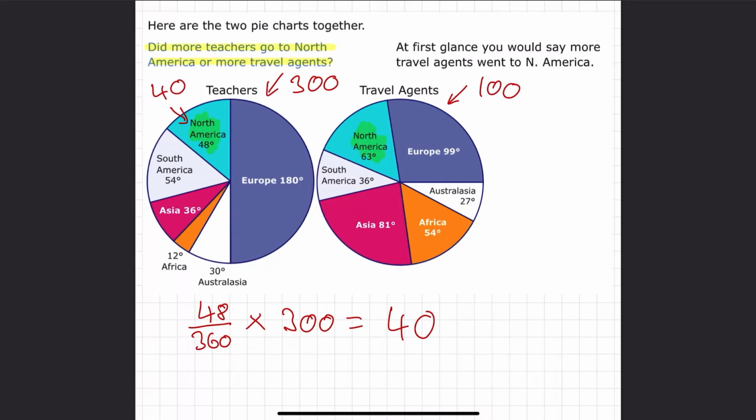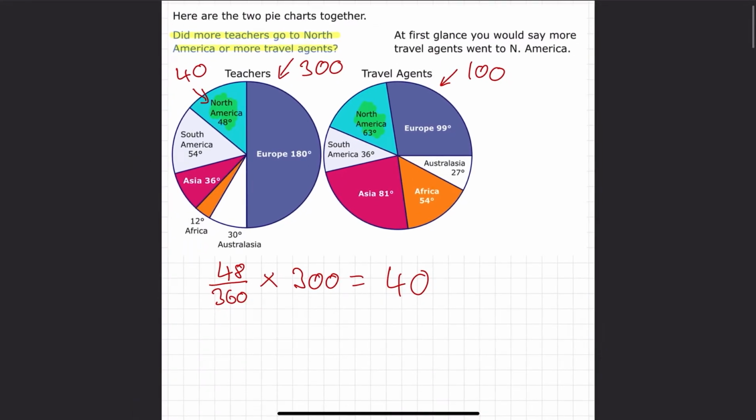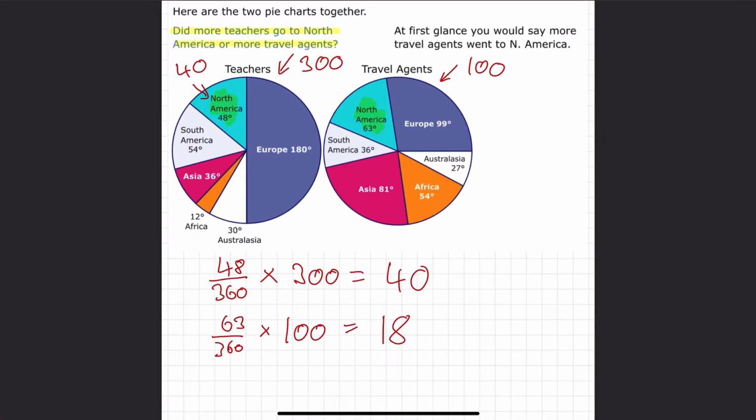Now, if I use the travel agent sample size of 100, I'm going to get this correct this time. 63 out of 360 degrees times by 100. I've got 18 travel agents went to North America.